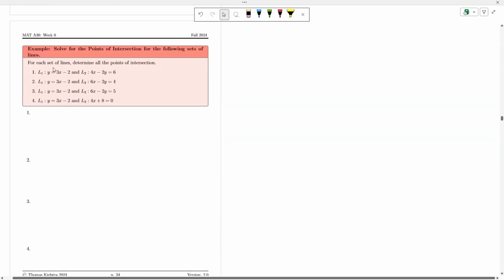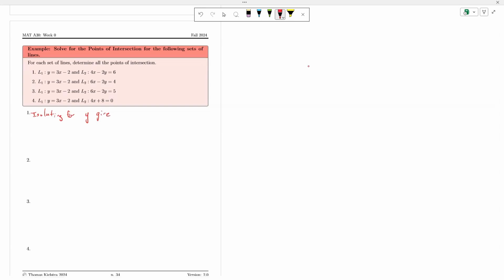So let's practice this to solve for points of intersection, and we're going to do this using substitution. So my first step is to isolate for y. Isolating for y gives y equals 3x minus 2 and y equals 2x minus 3.